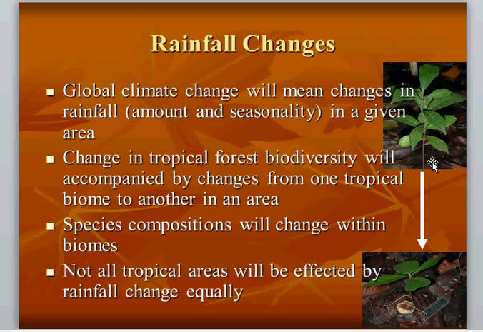Okay, so I've got two seedlings of tropical trees here, one of which may replace the other as things get drier. Changes in tropical forest biodiversity will occur through these changes from one tropical biome to the other.